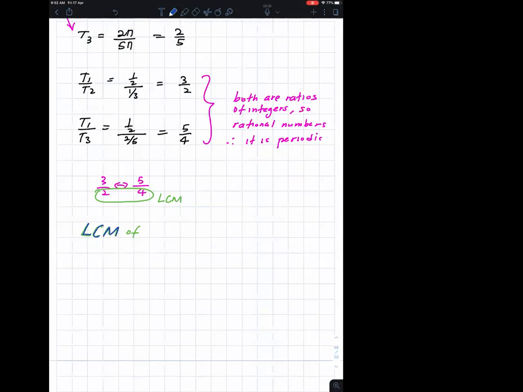LCM of denominators is equal to 4 times 2, which is 8.